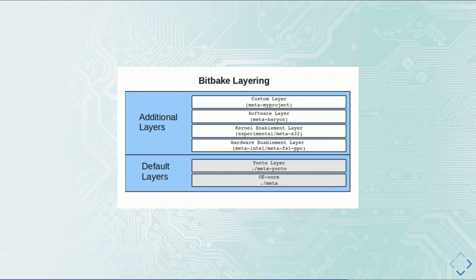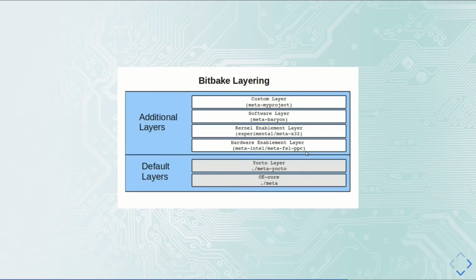Inside the Yocto sources, you will find meta layers. There are default meta layers like meta-yocto or meta, which are those that you will have immediately if you download the build system from either the OpenEmbedded or the Yocto project website.